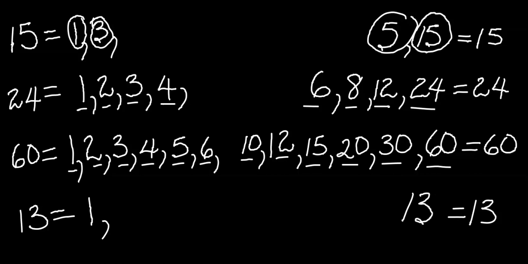And if you experiment and explore, you're going to realize the numbers between 1 and 13, which are 2, 3, 4, 5, 6, 7, 8, 9, 10, 11, and 12, all those will leave remainders if you try to divide them into 13. So the only factors of 13 are 1 and 13.